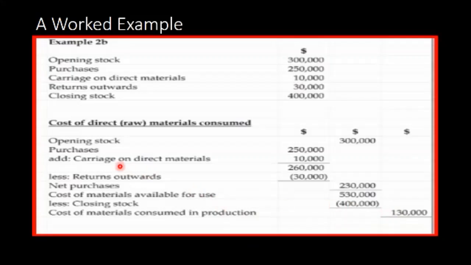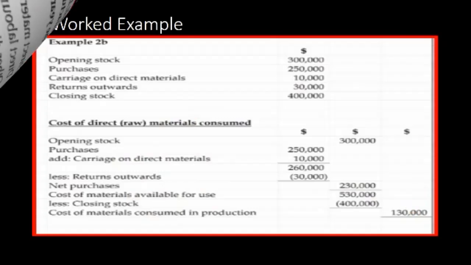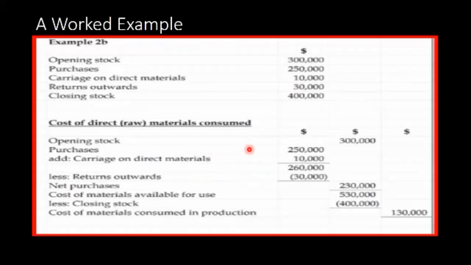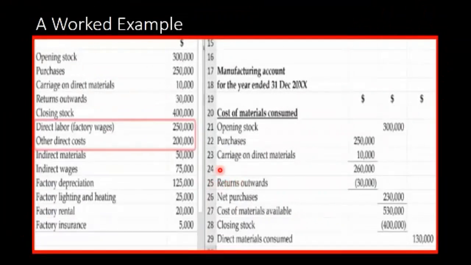Now you have options for this section. You could do this section in your workings and just put the 130,000 in the manufacturing account, as they have this 120 up here, right? Or you can take the whole thing and put it into the manufacturing account.